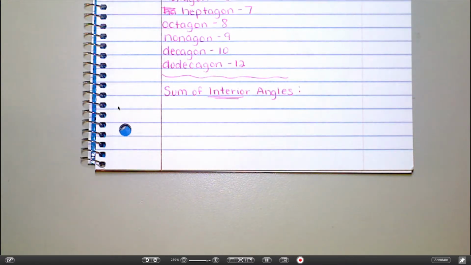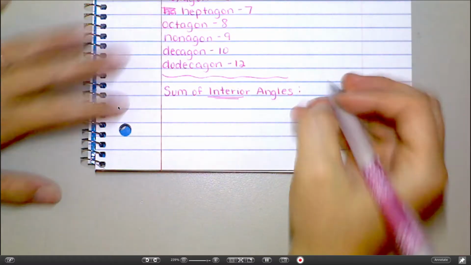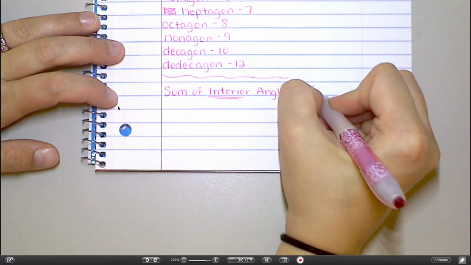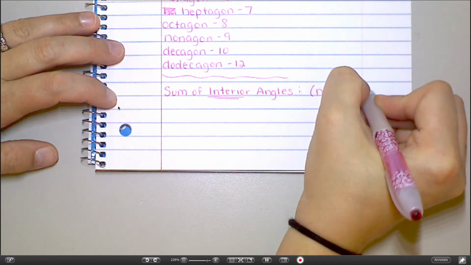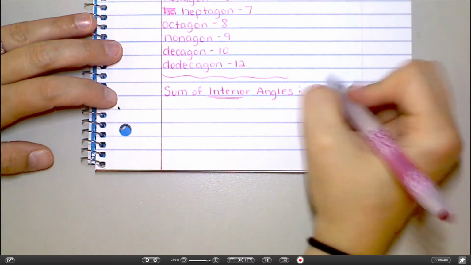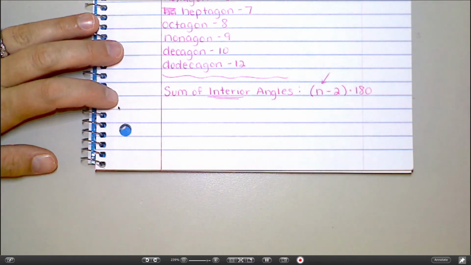A squared? Nope, that's Pythagoras. The perimeter? Nope. Here it is. N minus 2, times 180. What's the N? Hexagon. What do I put in place of N?